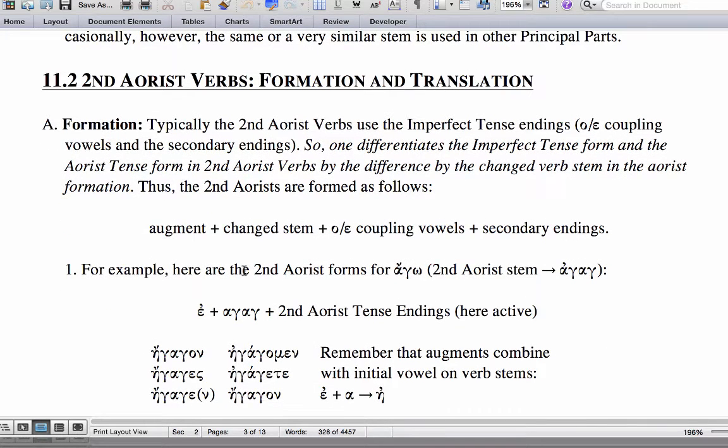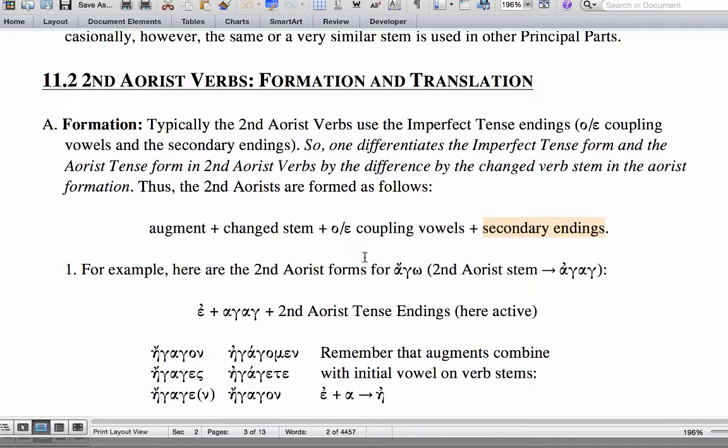Second aorist verbs are formed in the indicative mood by adding an augment onto the changed stem and then using the secondary active and middle passive endings, which are exactly like the imperfect endings. So you have augment, changed stem, the coupling vowels of omicron and epsilon with the secondary endings.